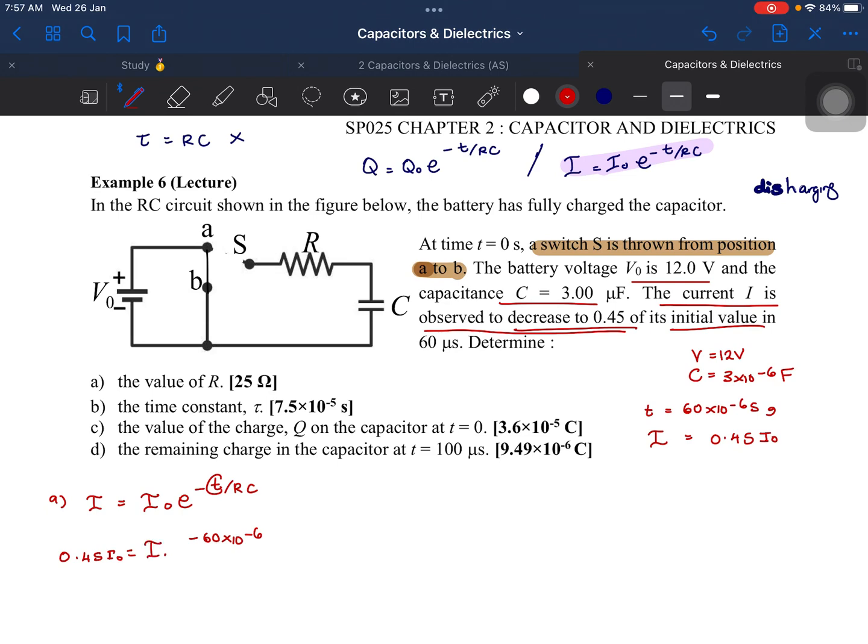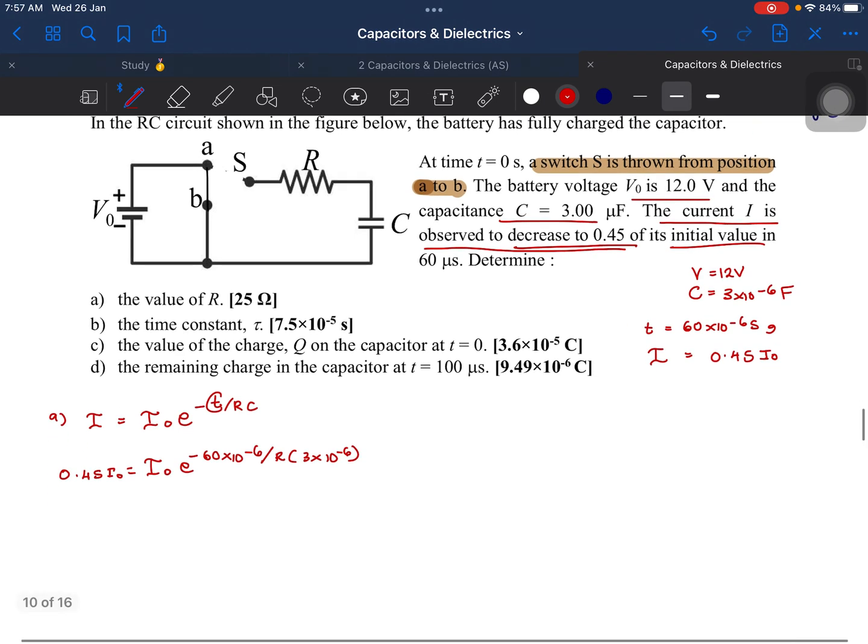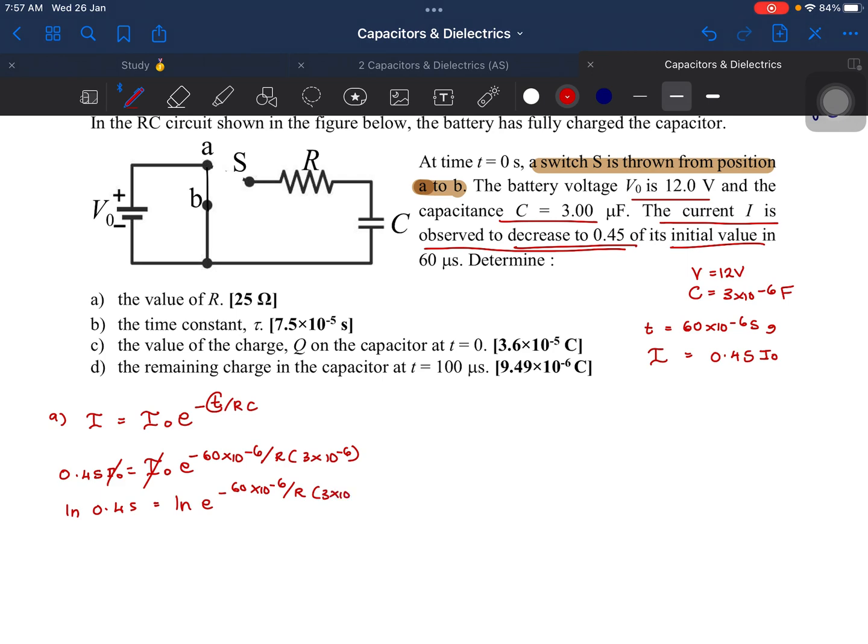So ni dia punya I0, ini E negative. Maybe we could find R from here because we already know what C is. C is 3 darab 10 kuasa negatif 6. Okay. So this one boleh cancel kan. Lepas tu this one you akan ln 0.45 sebab kamu nak buangkan E tu kan. So you ln at both sides. So you will get negative 0.799.